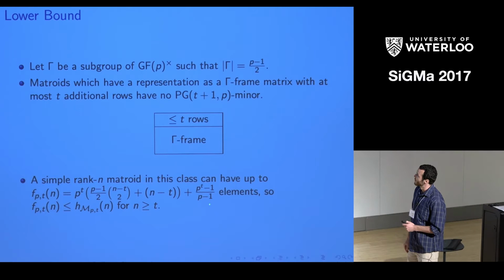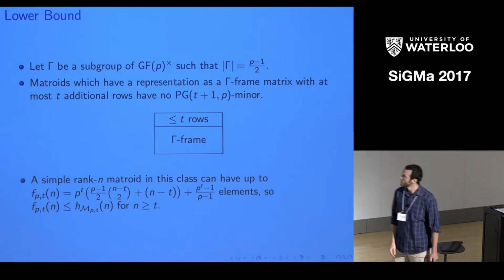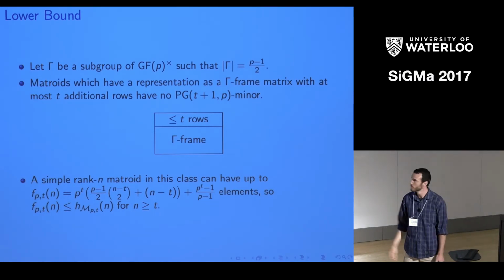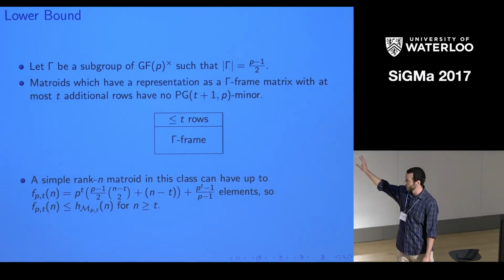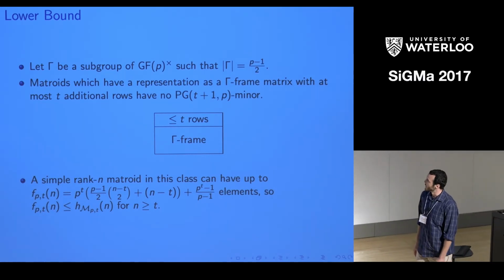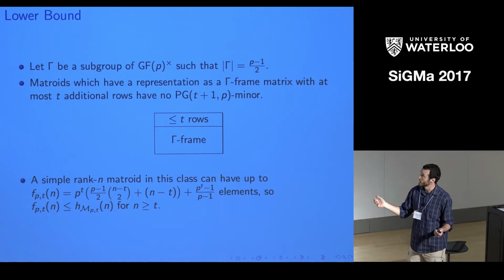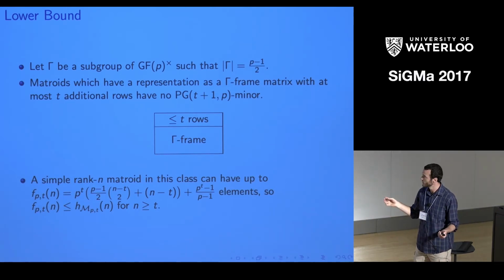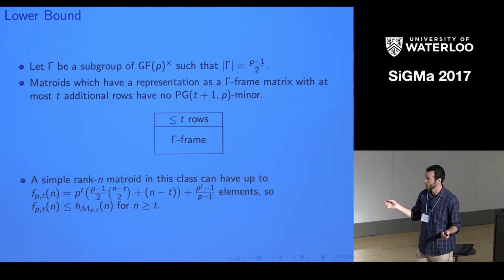And then we can also have (p^t - 1)/(p - 1) columns for which the gamma frame matrix has a 0 column. So that's where this function comes from. And again, since matroids in this class have no PG(t+1, p) minor, this gives us a lower bound on the growth rate function for M sub p,t.